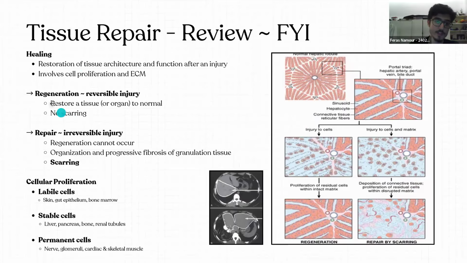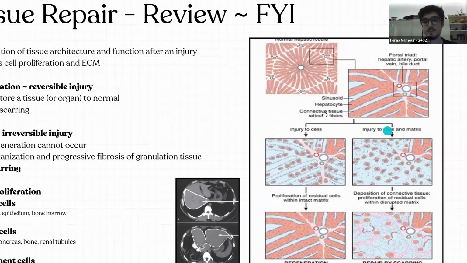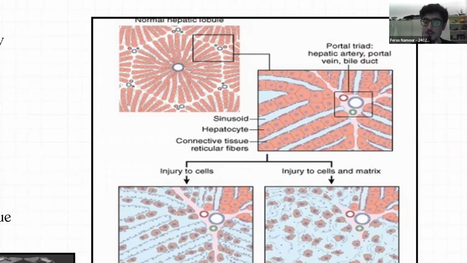Regeneration can happen to labile cells and stable cells, but sometimes these cells also have to do repair. Why is that? Healing depends on two things: cell proliferation and also the extracellular matrix. For the example of the liver, the liver is a stable cell and it can replicate, so it can do both. But when does it do this and when does it do that?